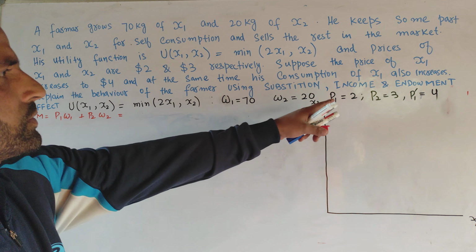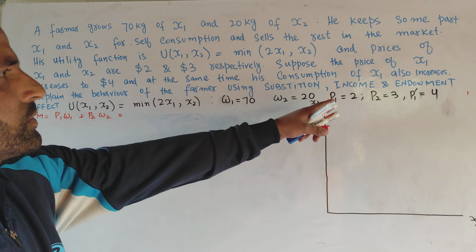Now what will we do here? We will draw the initial consumer's problem, and let me write it here first. We want to maximize the utility of the consumer, that is the minimum of 2x1 comma x2, subject to the constraint that he is facing, that is price of good 1 times units of good 1 plus price of good 2 times units of good 2 should be equal to the income of the consumer.